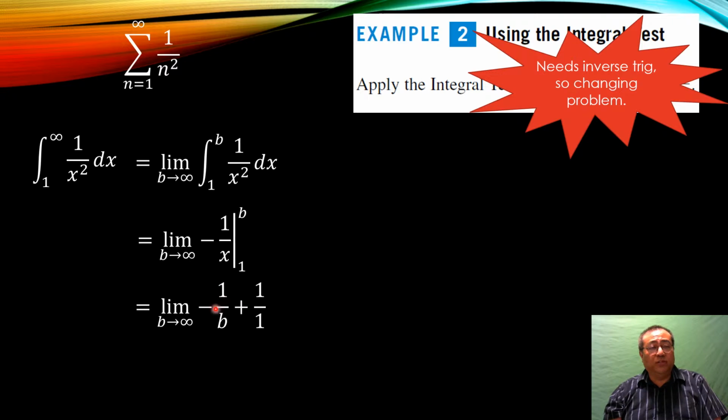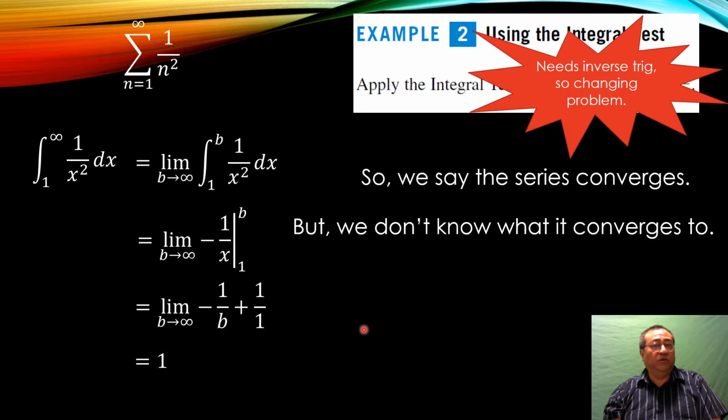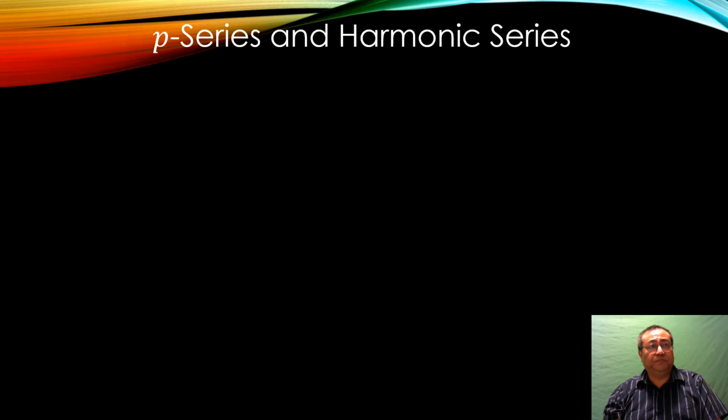Remember, when the numerator is constant and the denominator is growing infinitely large, that is 0, and that's 1. So the limit is 1. So the improper integral converges to 1. That tells us that the series converges, but we don't know what it converges to. It has to be less than 1, because this is a discrete set, while the 1 over x squared is a continuous area. So that's the example.